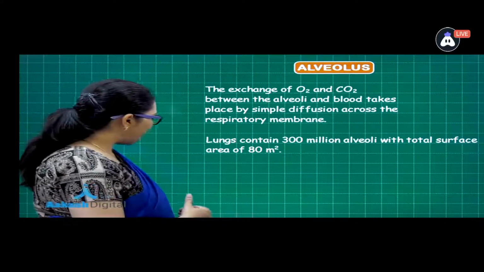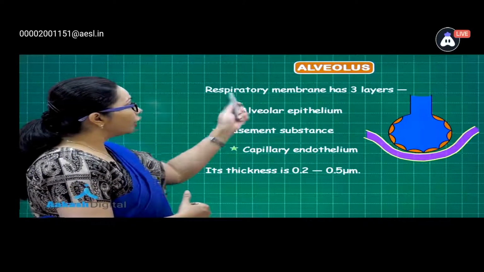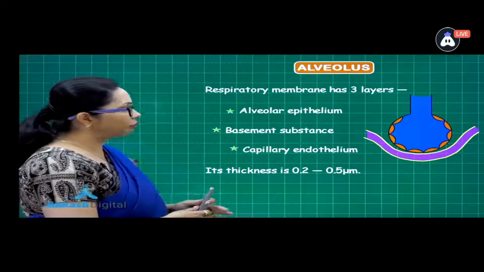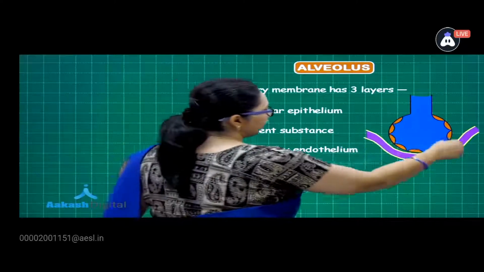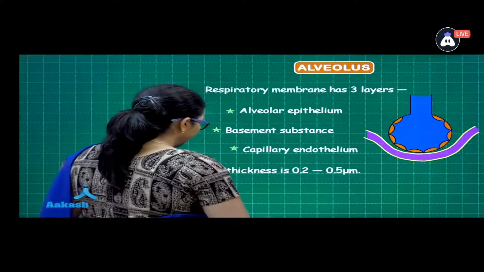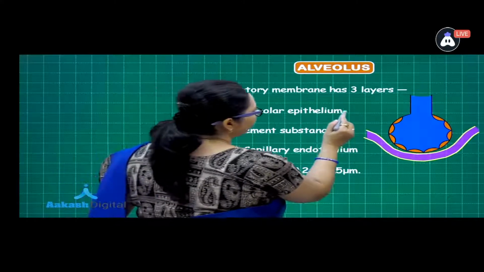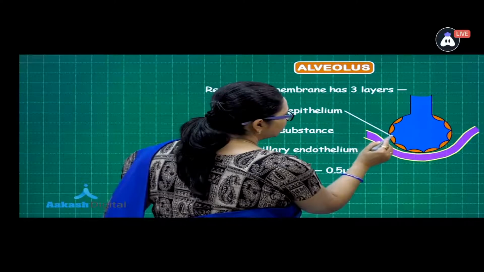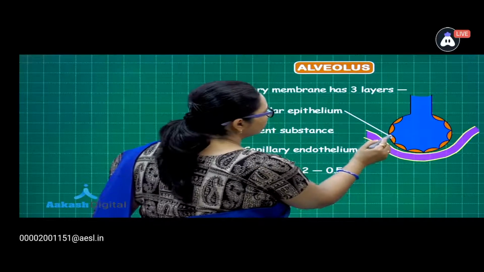Now, if we talk about this respiratory membrane, here you can see this is the alveolus, and surrounding it there are the blood capillaries. The alveolar epithelium, which we mentioned is simple squamous epithelium.